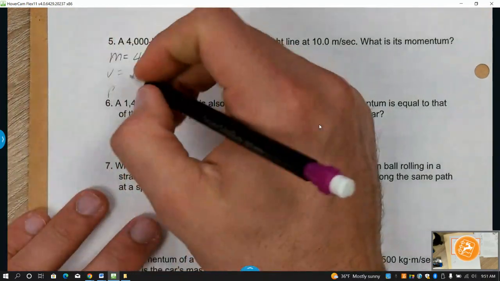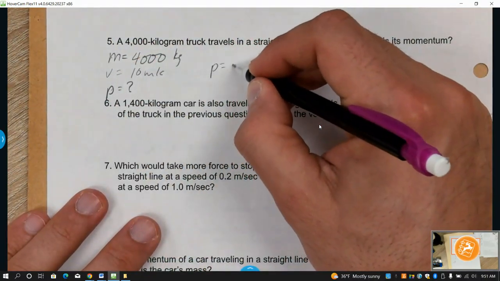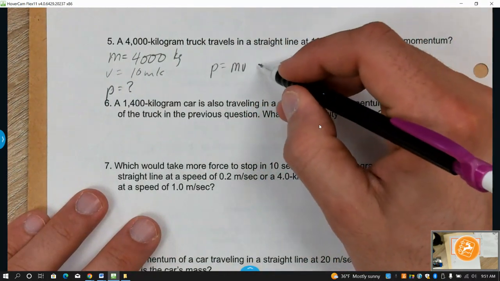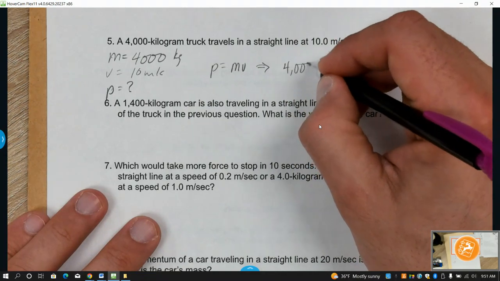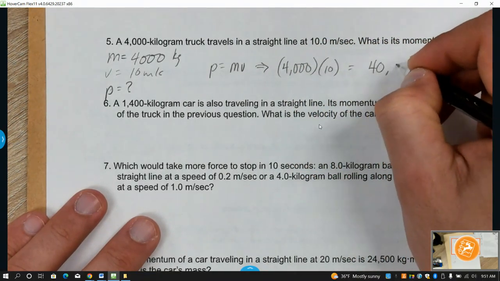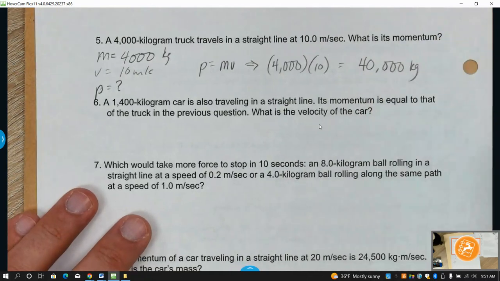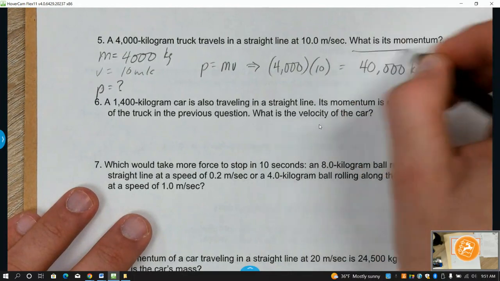What is the momentum? P is equal to m times v. So if I'm doing 4,000 times 10, I'm going to get 40,000 kilogram times meters per second.